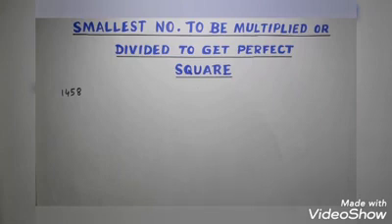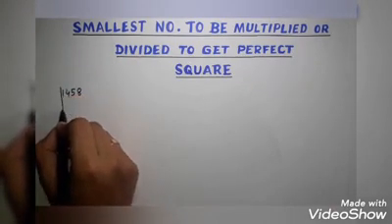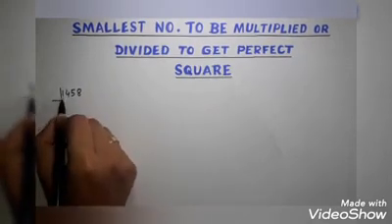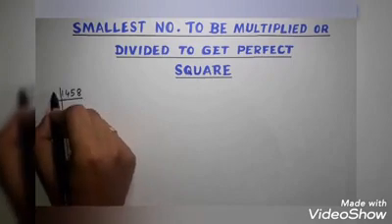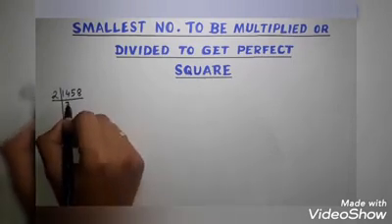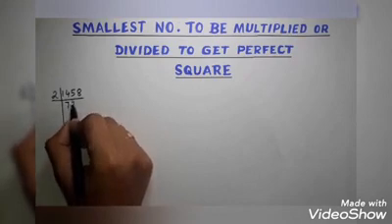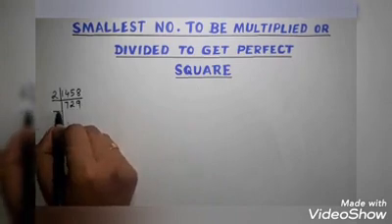This can be done by the prime factorization method, and this method I have shown you in my previous video. So let us do prime factorization for this number. Since this number is an even number, I'll start with 2. So 2 and 729.